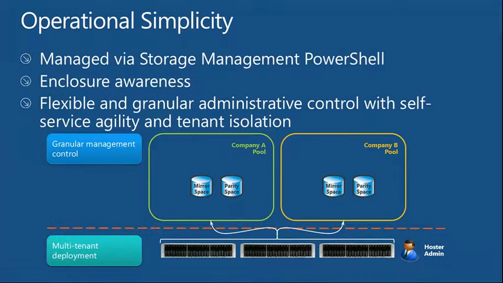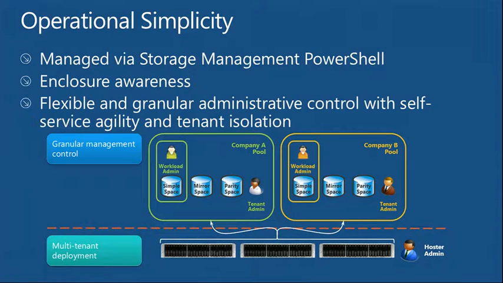to be able to go off and do the very first level of provisioning. But then I'm able to actually go ahead and create an environment where I have a tenant administrator that looks after a pool of disks that are there, and then that tenant administrator can choose to make the spaces and to define those spaces for the individual workloads, or I can have a workload administrator that just looks after one set of drives that are inside of a simple space.